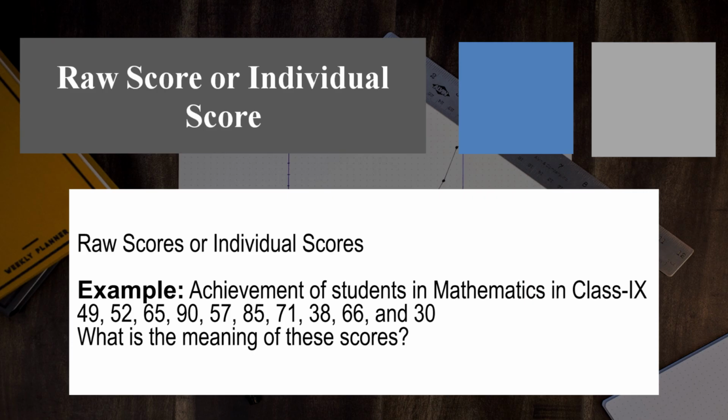If the scale starts from 0, it means 0 plus 49, or in descending order, if you start from 100, then 100 minus 51 is 49. So friends, we can say that a raw score has very limited meaning or no meaning at all.